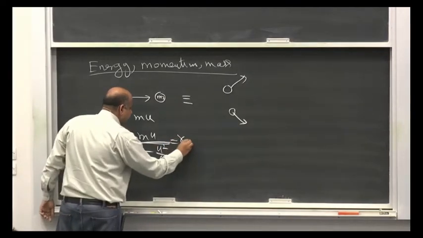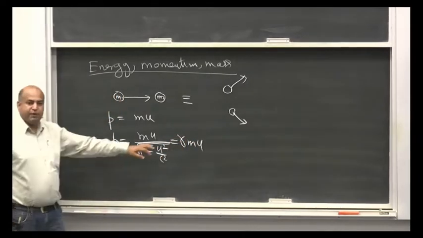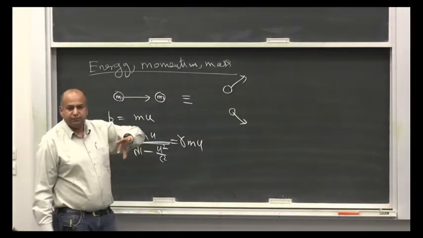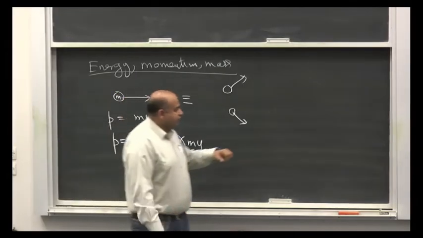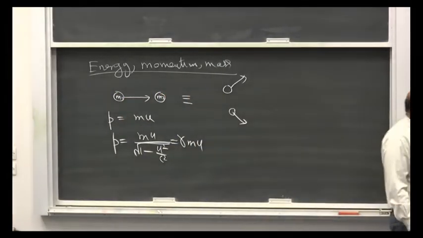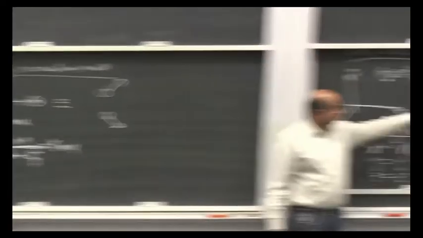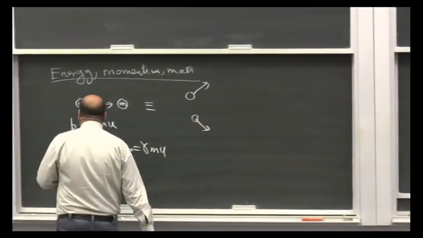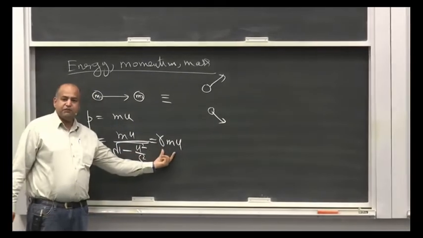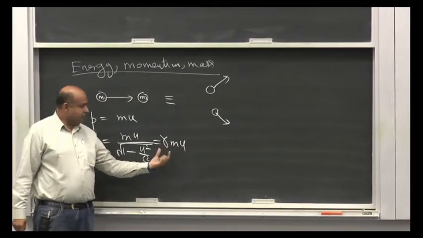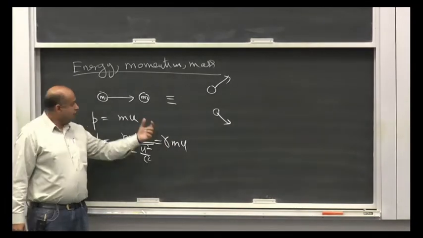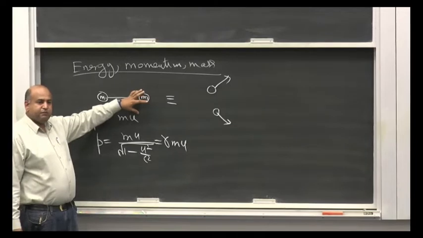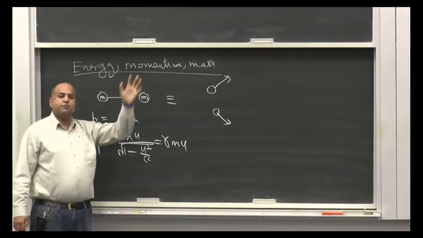Simply gamma m u, and if you define momentum like this, momentum is conserved in all frames. Unfortunately, I'm not going to prove it because I don't want to go into the details of these Lorentz transformations and velocity transformations. I'm trying to motivate you as to why this has been defined like this. The reason is this: if we define momentum like this, then momentum in any collision or any interaction between masses is conserved for all observers.